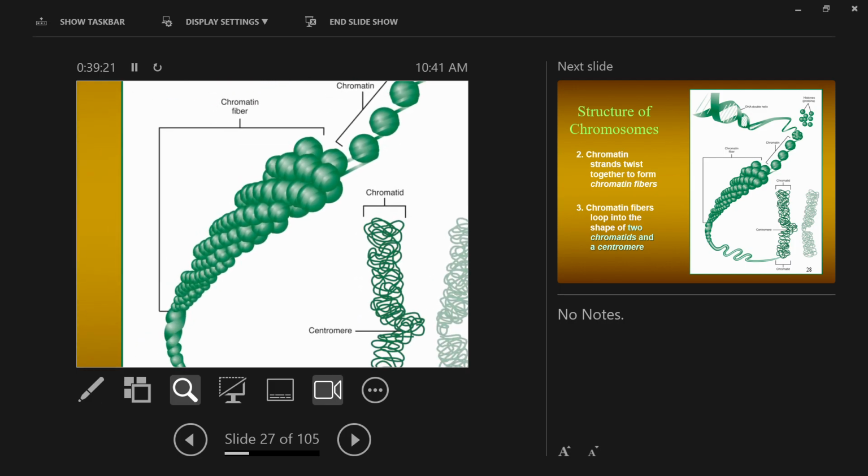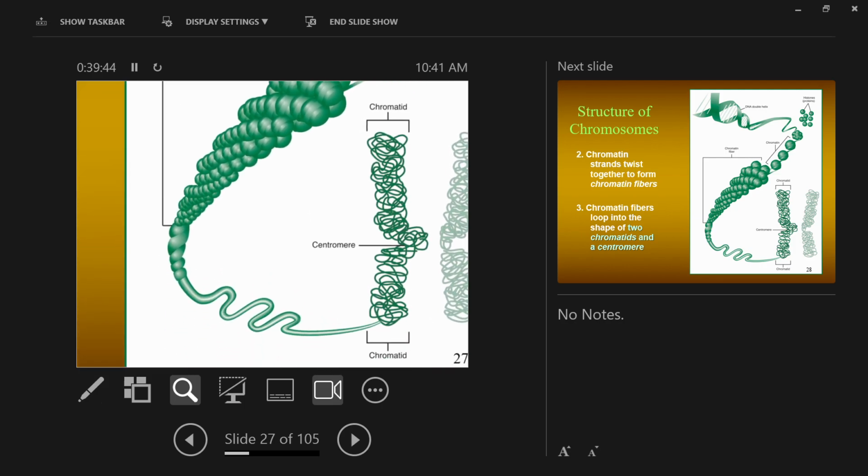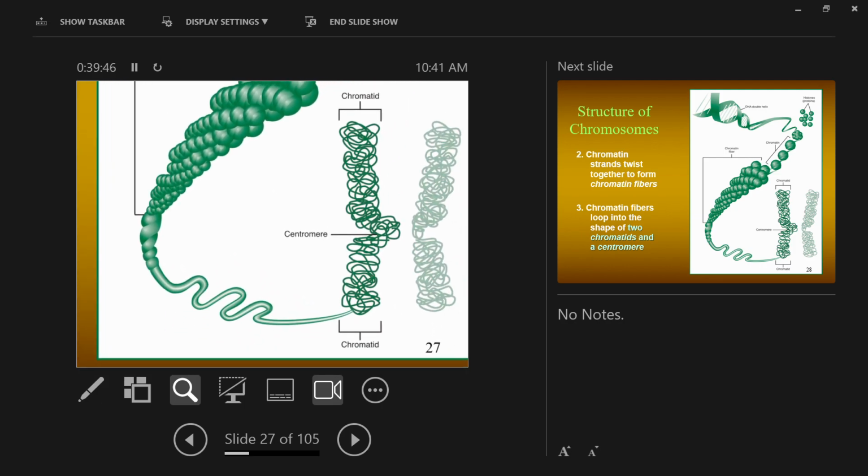If you package enough chromatin together, it's like taking several pieces of string and weaving them together to make a rope. Multiple pieces of string make a bigger rope. Multiple pieces of chromatin twisted together make a chromatin fiber, a larger fiber. That larger fiber, if you follow the picture down, packages up into that sausage structure called a chromatid.